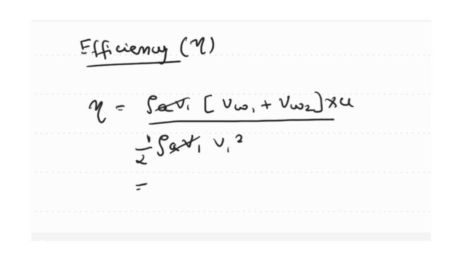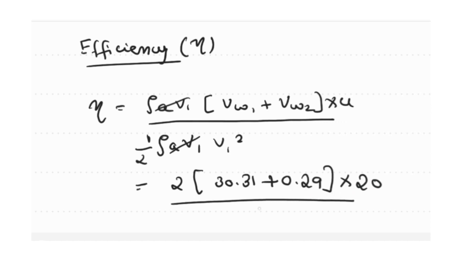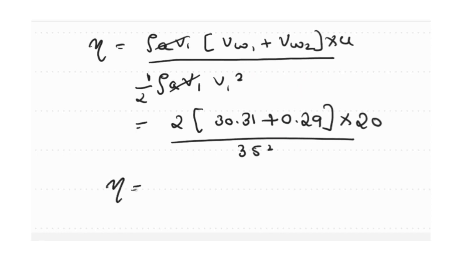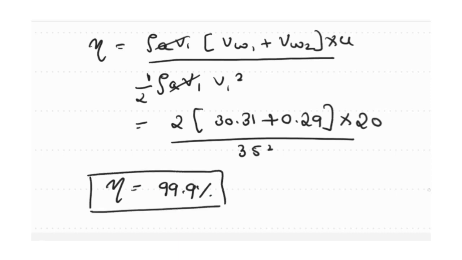Here half is left, half m v square, so 2 will go to the numerator: 2 into VW1 is 30.31 and VW2 is 0.29, into U is 20, divided by V1 square, 35 square. So we'll get efficiency eta is equal to 99.9%.